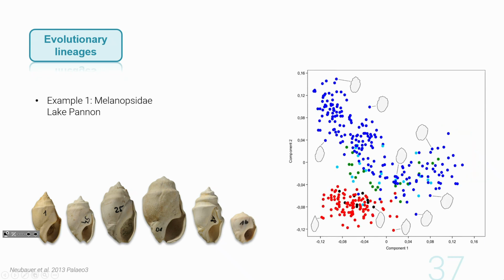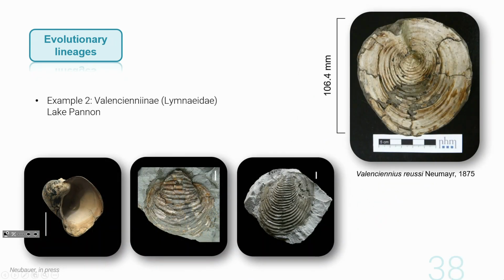And maybe an even more fascinating case is these limpet shapes called Valenciennius, and they go back to a single typical radix. These limnate forms are about this big, a centimeter or so, and over time they develop larger apertures, grow bigger, even larger apertures with ribs, maybe for stabilization, who knows. And in the end, they come up to these very weird things.